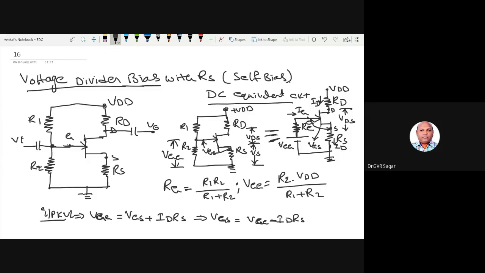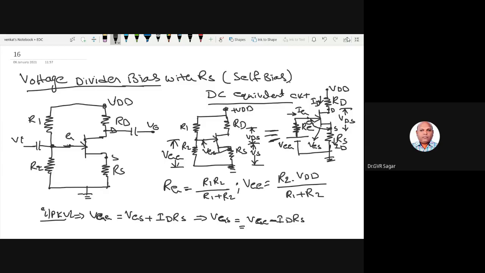The drop of ID into RS should be higher than VGG. Such that the resistance RS should be selected. This voltage should be negative, so that the gate junction becomes reverse bias. Remember that the VGG voltage which you drop across R2 should be lesser than the drop across RS.